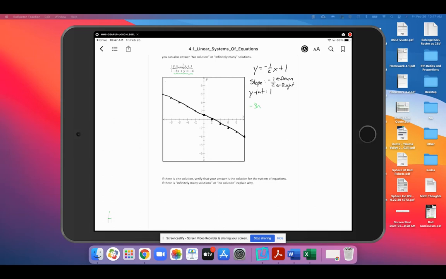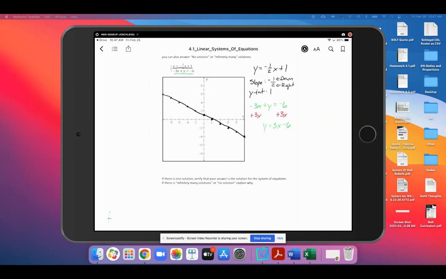So we have -3x + y = -6. I'm going to go ahead and solve that for y, so I'll add 3x to both sides. And what we're going to have is y = 3x - 6.